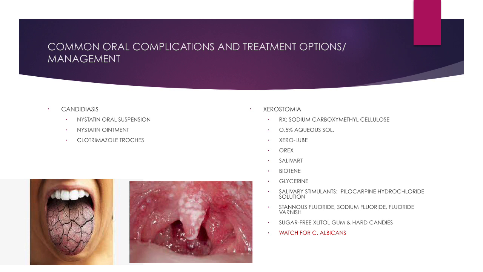So there's any of a number of over-the-counter products that can help. There's sodium carboxymethyl cellulose, there's Xerolube, there's Orex, there's Salivart, there's Biotene, and there's glycerin. Any of those products can generate an artificial wet environment, and they should definitely be investigated.